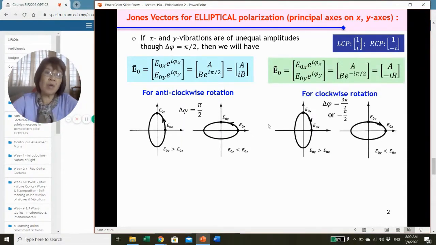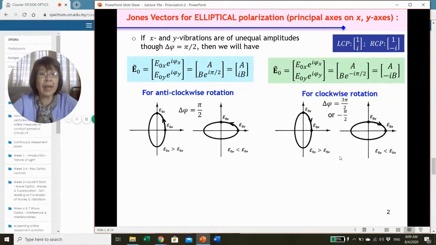For the clockwise rotation, the representation is still the same, except that we would have a negative sign for the y element. Again, we have a similar ellipse structure, but to represent the vector, the tip of the arrow will trace out an ellipse, moving in a clockwise direction.